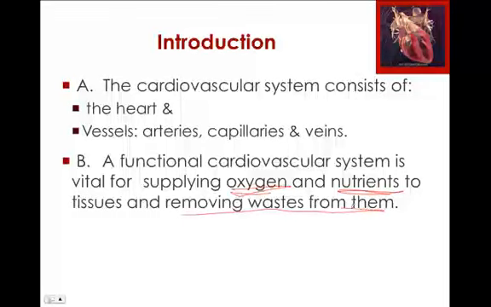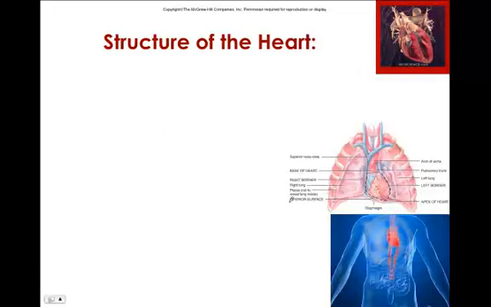So waste products, again, being things like carbon dioxide, is a very important waste product that's removed from the tissues and moved into the blood. And obviously, something like carbon dioxide would eventually be carried from the blood to the lungs and then released.